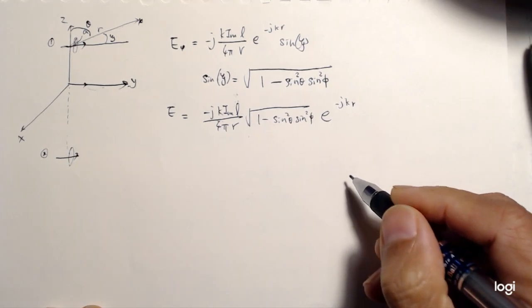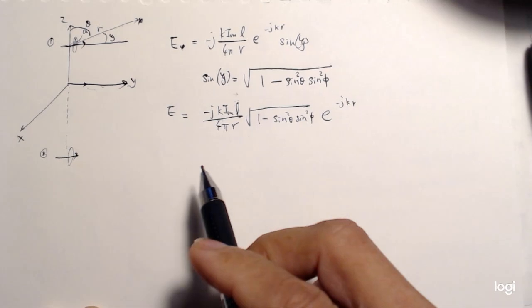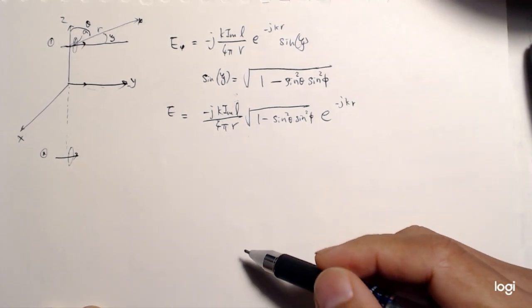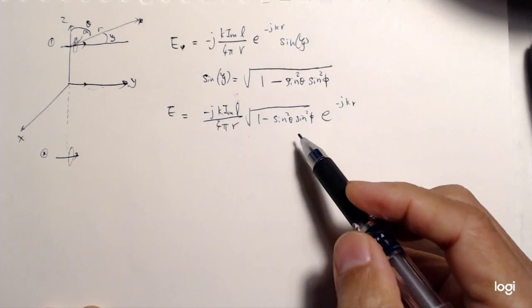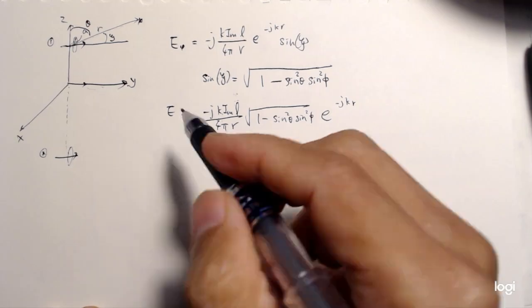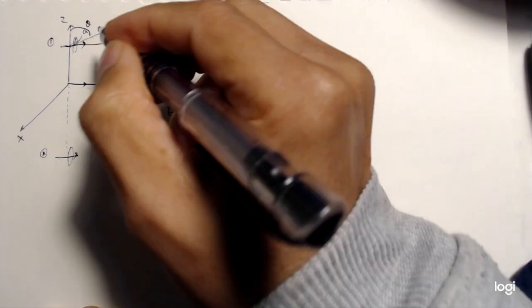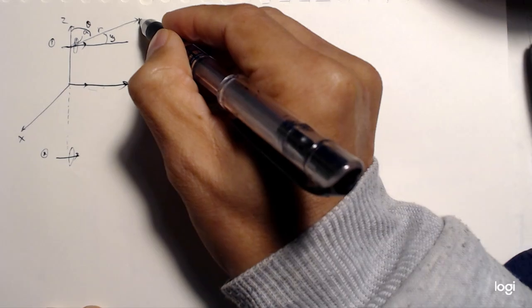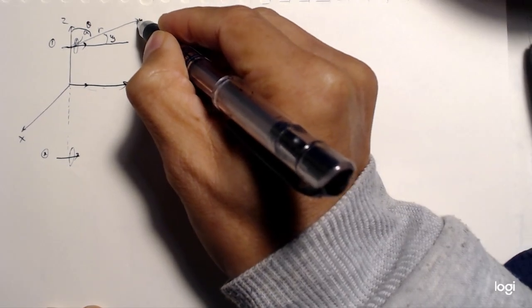The next thing that we are going to do is find the combined electromagnetic field as observed by the observer.